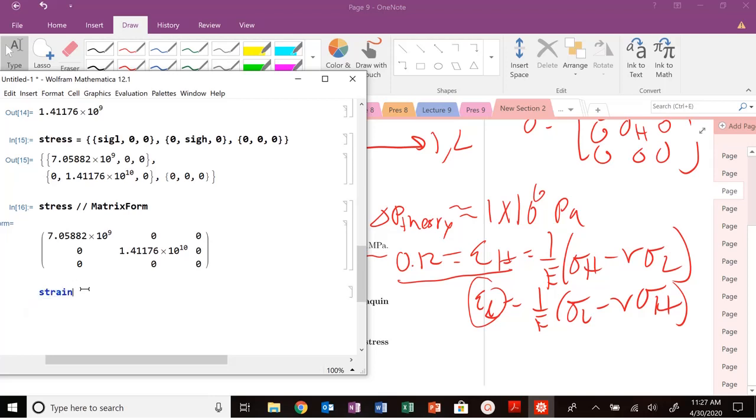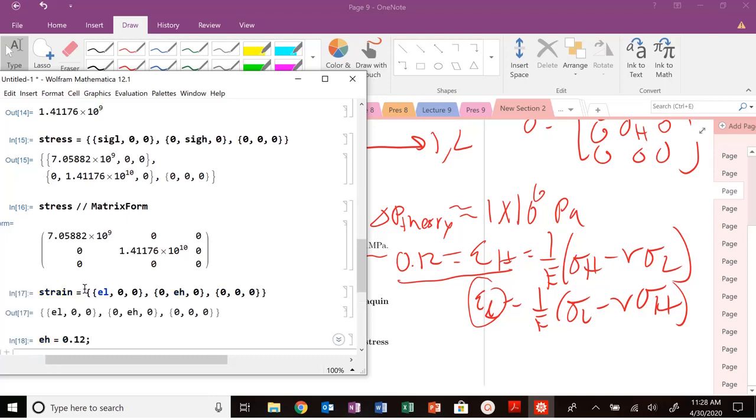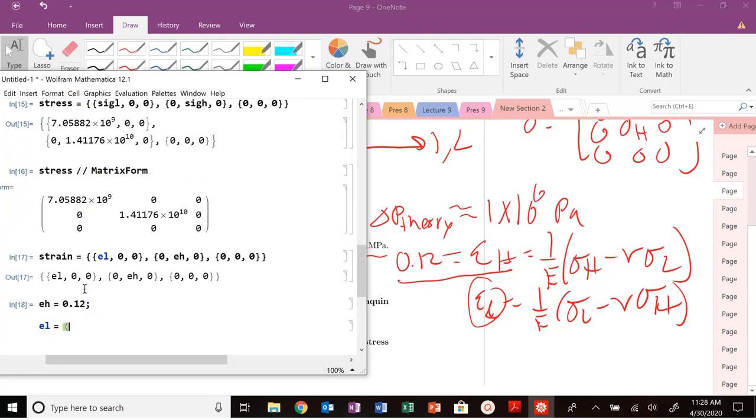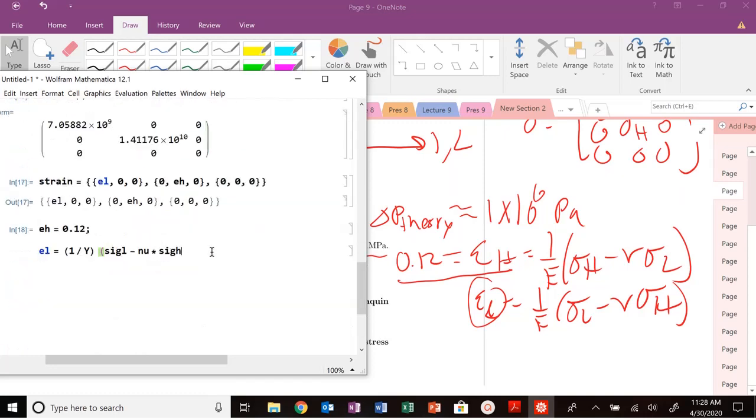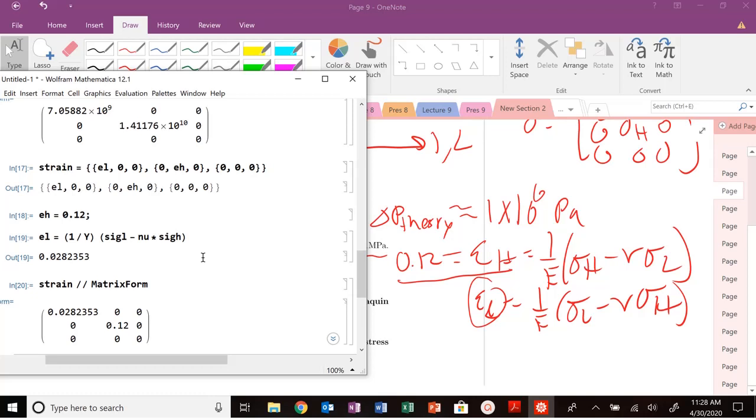Now let's do my strain is equal to EL, 0, 0, 0, EH, 0, and 0, 0, 0 here. And we know that EH was equal to, right before fracture, this. EL equals 1 divided by Y times sigma L minus nu times sigma H. Did I solve that one correctly up there? Yep. Here. So now I have to look at my strain matrix form. There it is. So I've got my strain values, my strain tensor, I've got my stress tensor quantitatively.